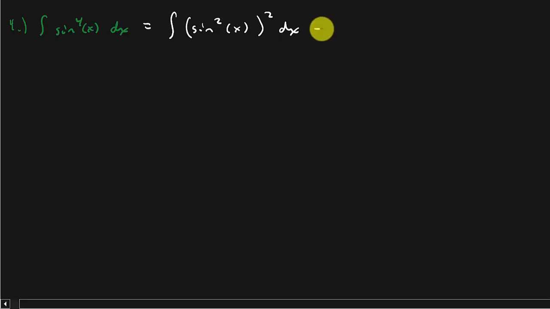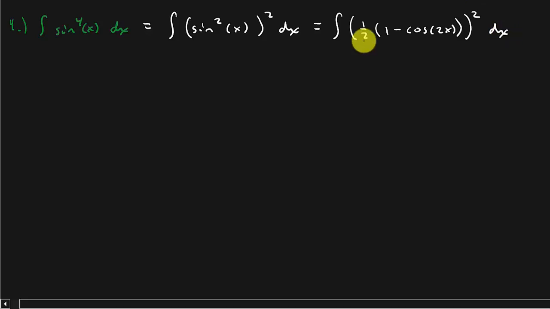So this is going to be the integral of 1/2 times 1 minus cosine 2x, and all of that is squared dx.